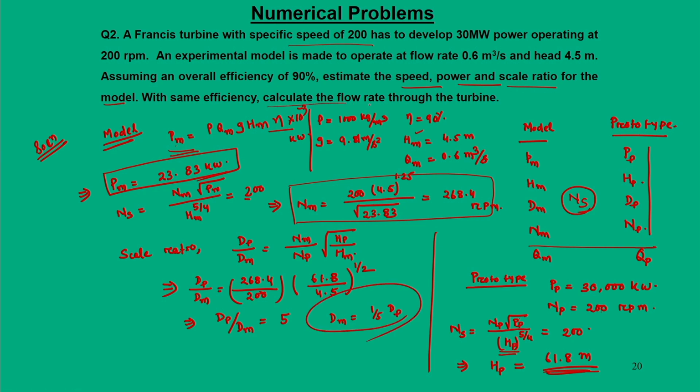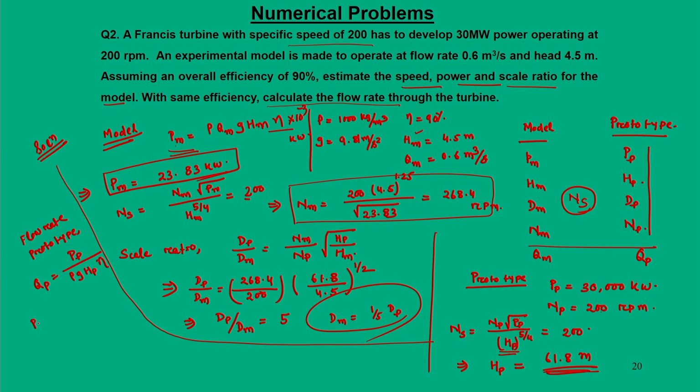Then with same efficiency calculate the flow rate for the turbines. So, flow rate for prototype, we say Qp is equal to Pp divided by rho g Hp into efficiency.